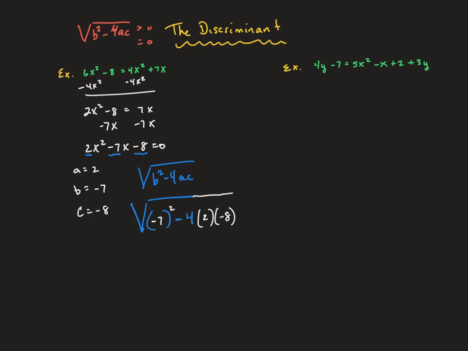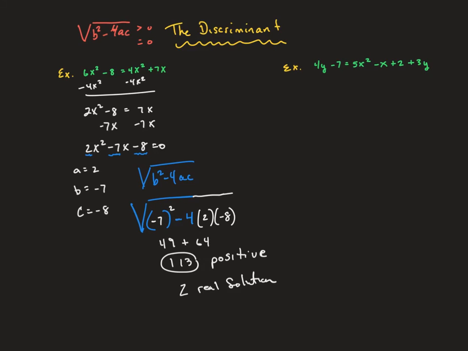And continuing on, that is going to be 49 plus 64, which is going to be 113, and that is a positive number. So if we have a positive number in the discriminant, it is greater than 0, and that is going to be two real solutions.